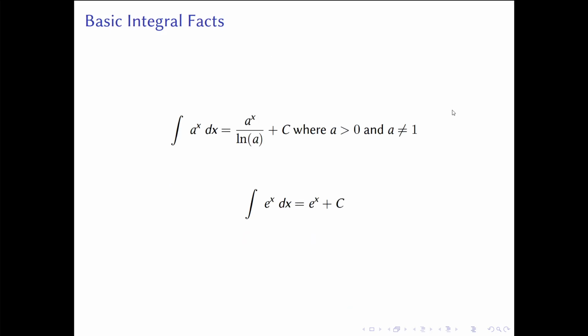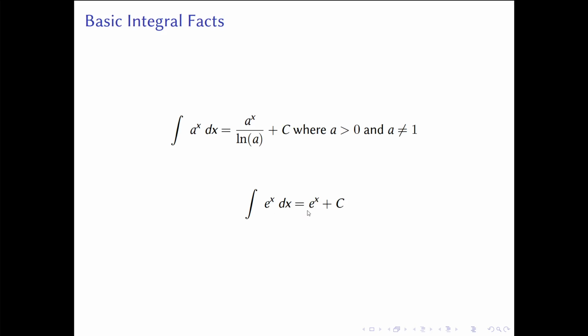All right, next up are the exponential functions. So the general exponential function, a to the x, remember a has to be positive and not equal to 1. Its antiderivative will be a to the x over the natural log of a plus some constant c. And then e to the x, the natural exponential function, remember it's its own derivative, right?